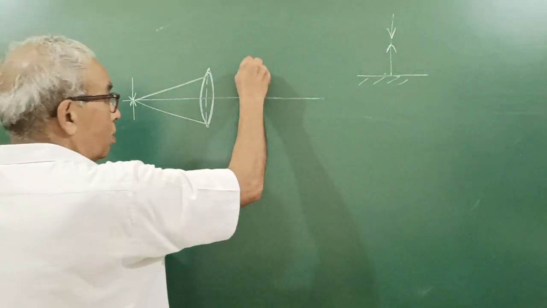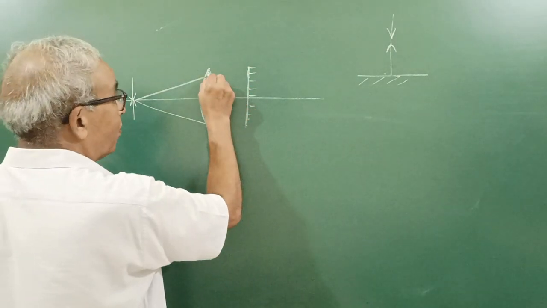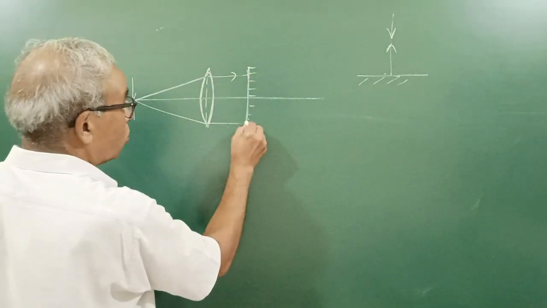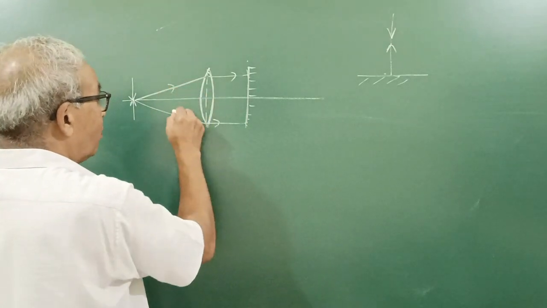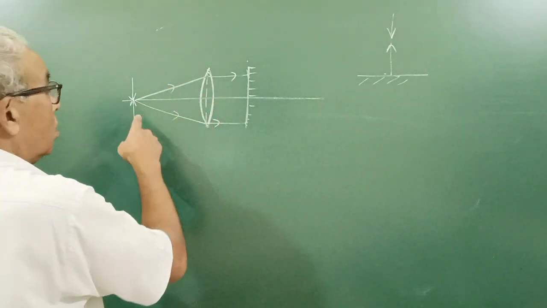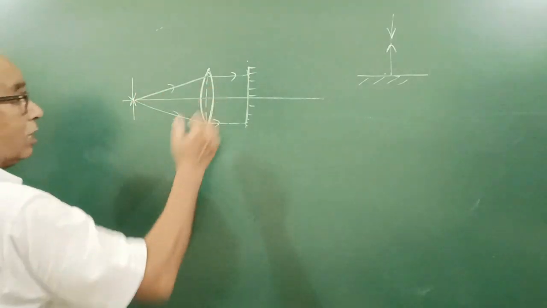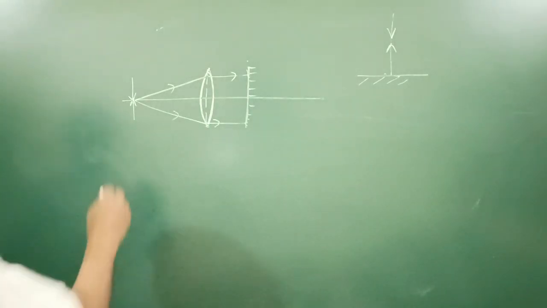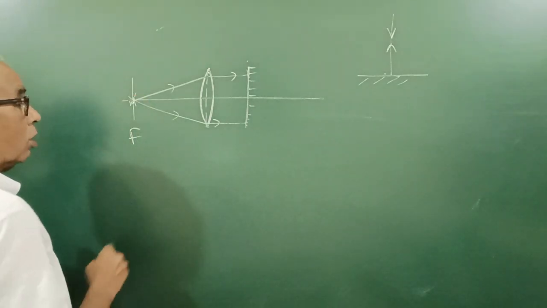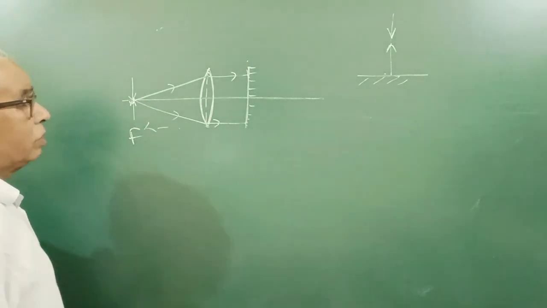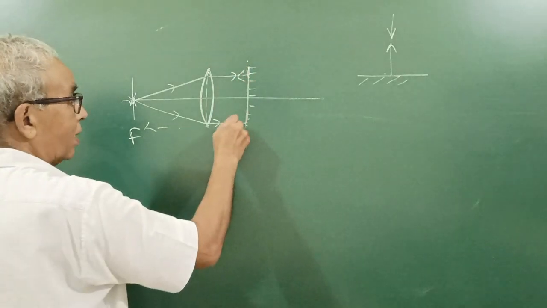So if the ray falls normally, it means they become parallel, because mirror is perpendicular to the axis. If the ray has become parallel, then the diverging beam has become parallel. So it is the focus. This point is focus and this is the focal length. So the ray will be reflected back and come back here.